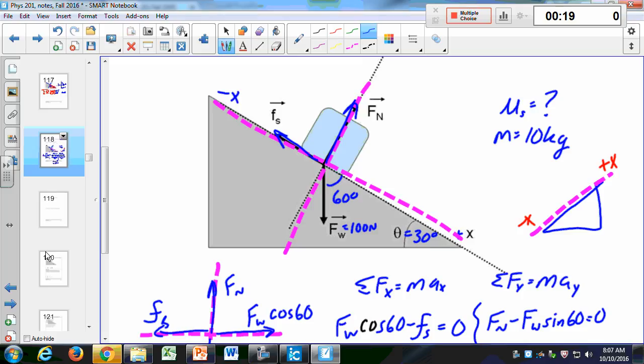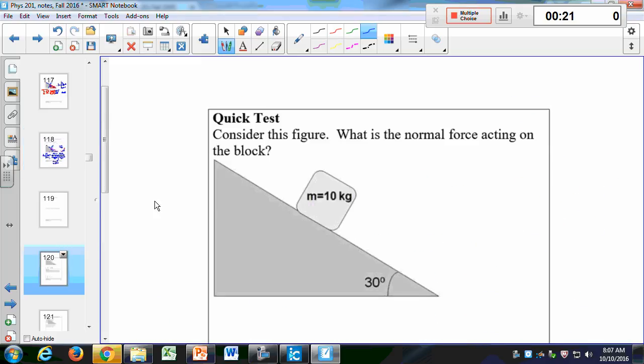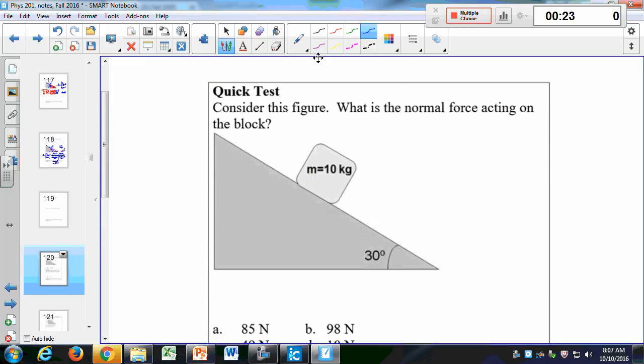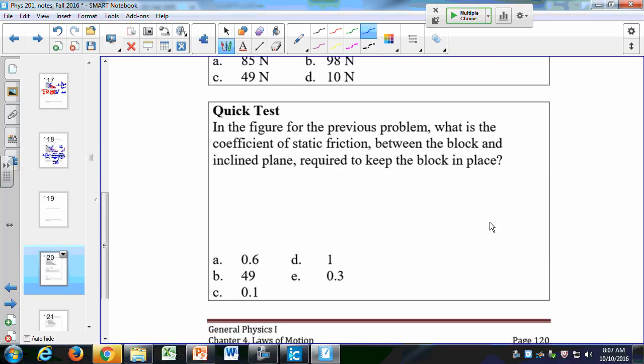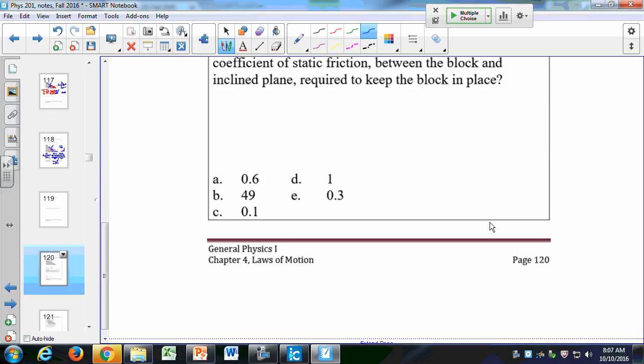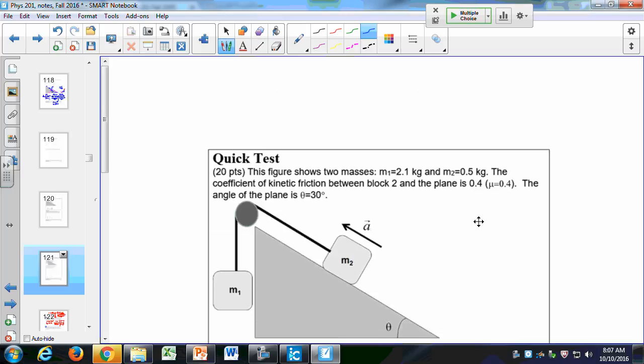Oh, I'm sorry. I meant to change up the numbers on that. But I'm going to skip this problem. So it's exactly the same. I'll leave you. You can work it on your own just for extra practice if you want. But it's exactly the same as what we did.